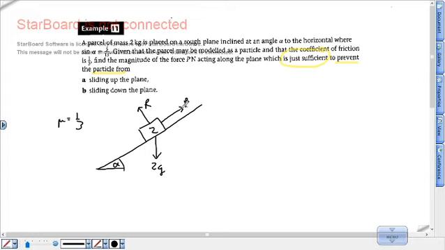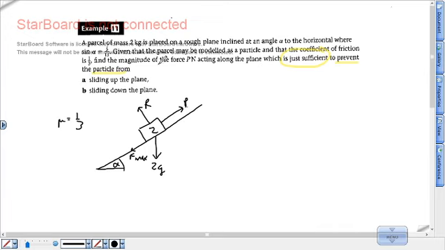So P is just sufficient to stop it from sliding up the plane. Now it depends which way you're going to put F max here. It's on about moving up the plane, so that needs to be acting downwards to oppose this motion. So that is F max.